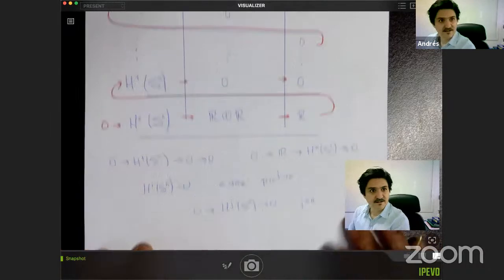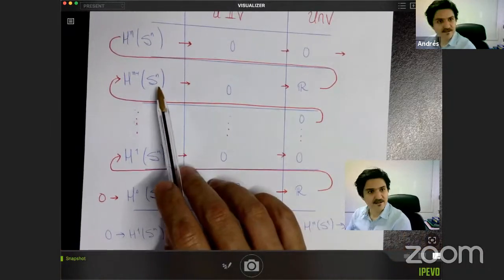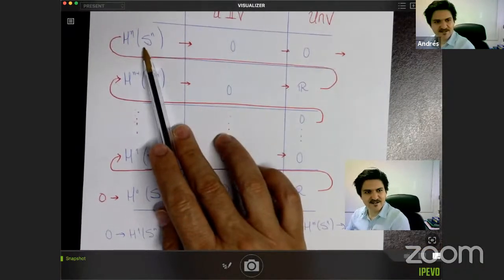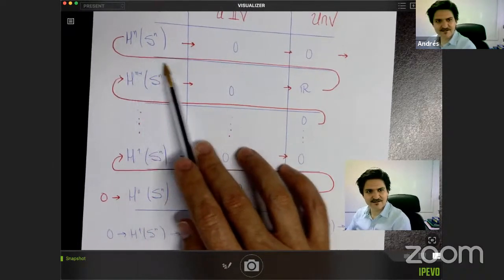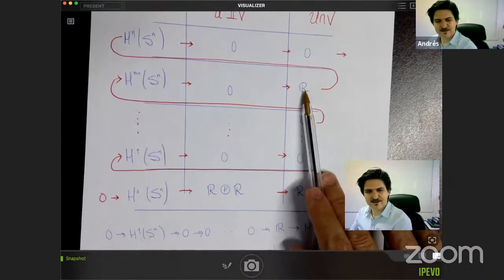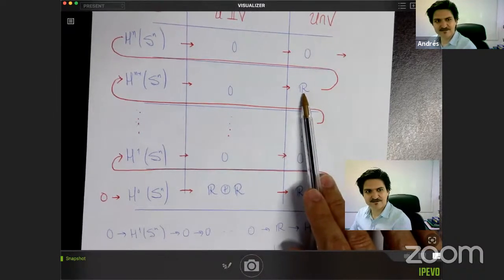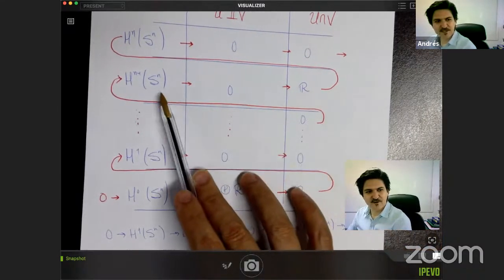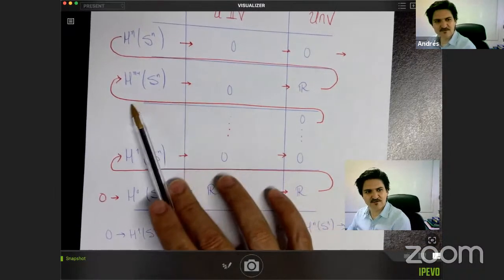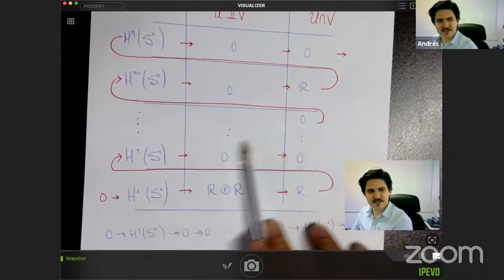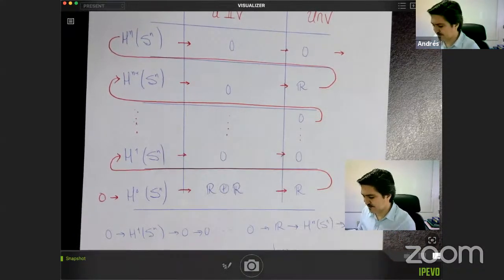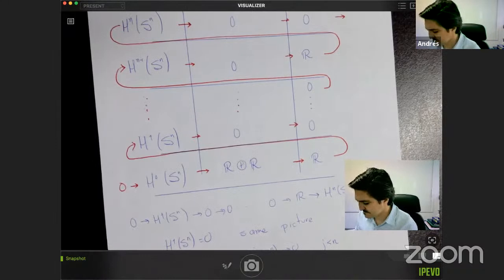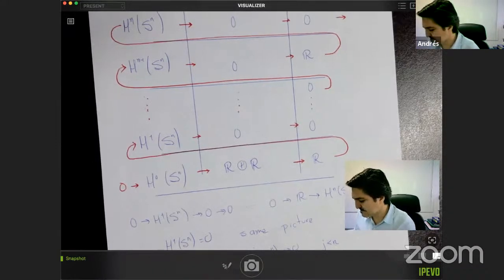For n, I have a 0 at the end, but not on the first one. But for this one, it's between a 0 and a 0, and the same for all of this.